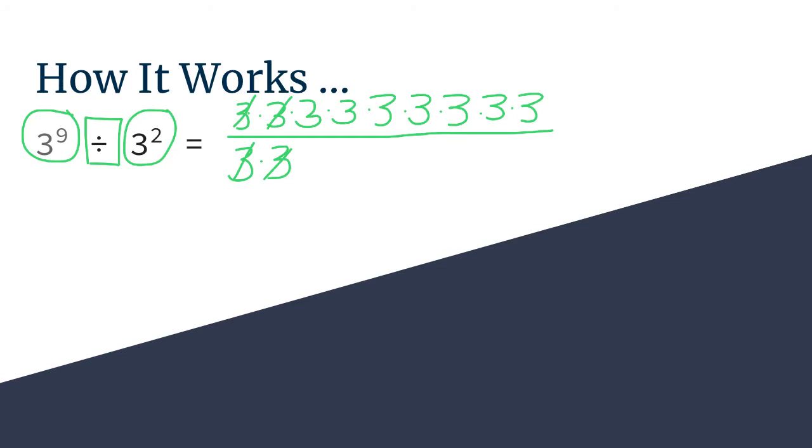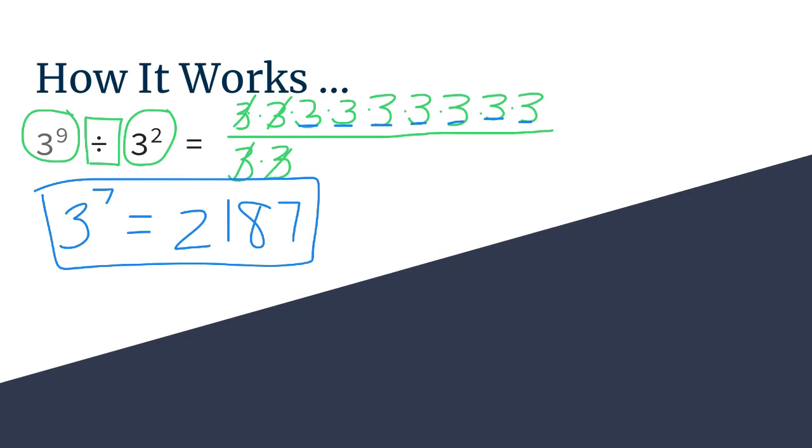Which leaves me with a base of 3 multiplied by itself 1, 2, 3, 4, 5, 6, 7 times. Because I have just numbers, I can absolutely evaluate that. You can either use Desmos or a calculator that happens to have an exponent key. 3 to the 7th power, 2,187.